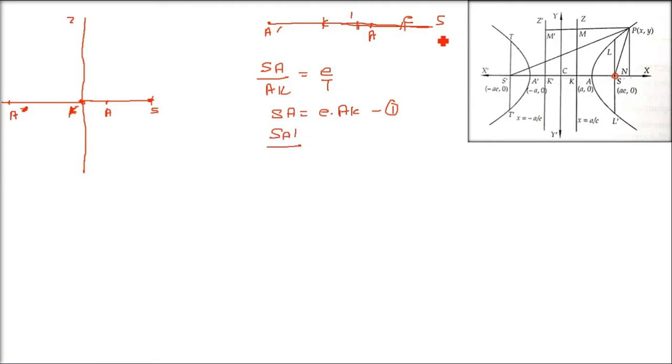So SA dash, the total line, divided by A dash K, that is K extended to A dash, is equal to E is to 1. As I told you, internal, external, you need to know how to divide the line. So again, let's cross multiply: SA dash is going to be equal to E into A dash K.